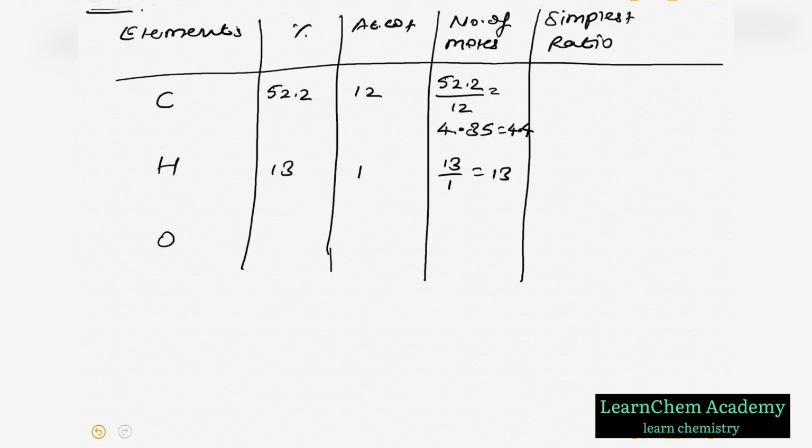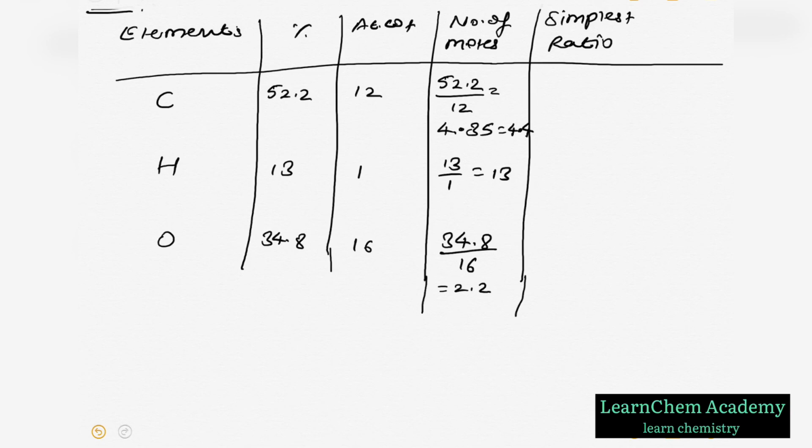In case of oxygen, we have 34.8% and the atomic weight is 16, so 34.8 by 16 gives 2.2.